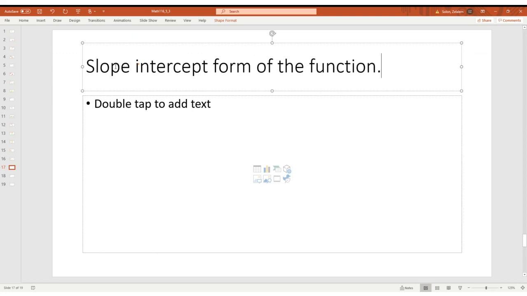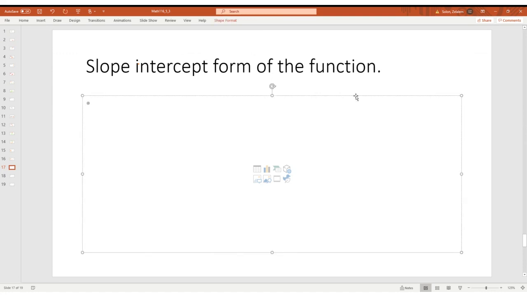If you are given a function y equals mx plus b, the number in front of x, the m, is called the slope. This is the form of the function which is called slope-intercept form.